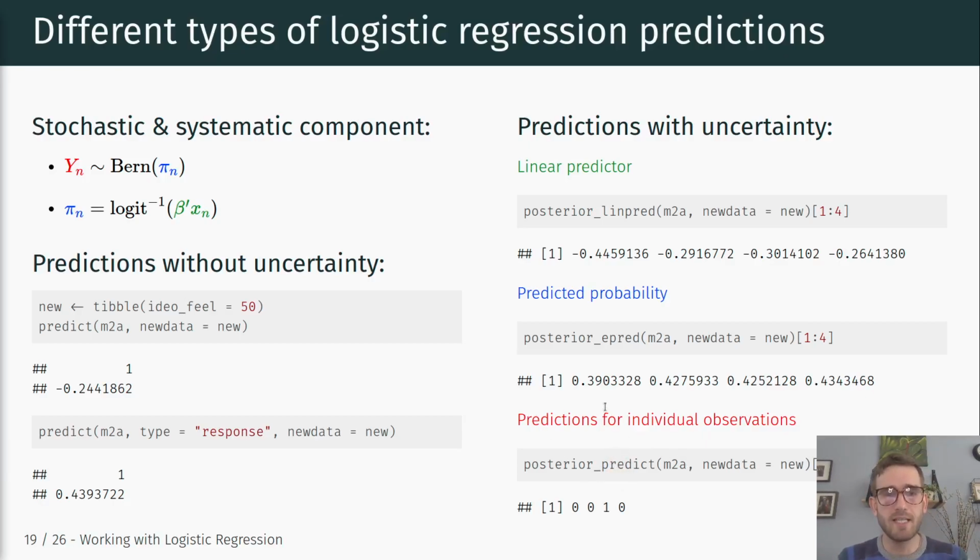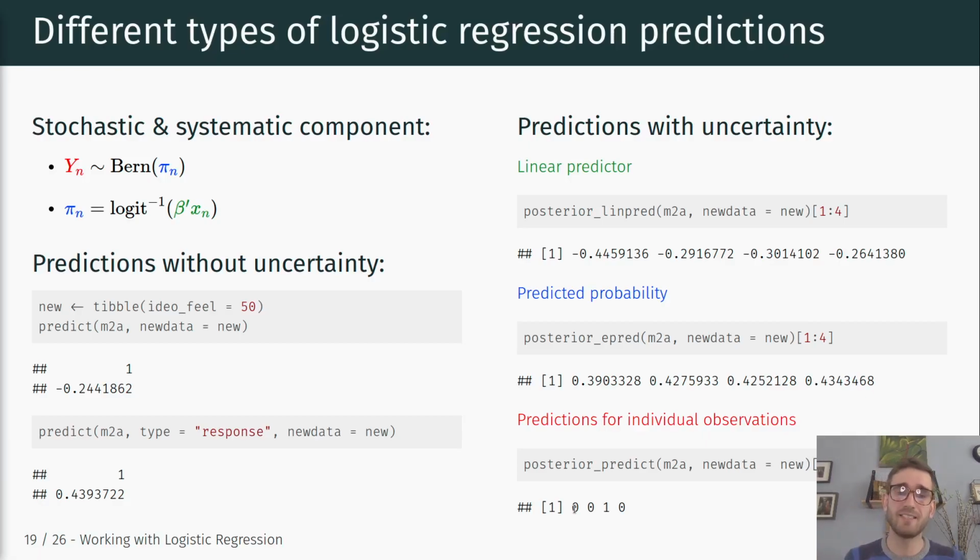What we're doing now is going further up in our data generating process. We have our predicted probabilities for each of our parameter draws that were drawn from the posterior distribution. And for each of those, we're now flipping a coin with that success probability, and we're just recording whether that coin lands on heads or tails. Depending on that result, this output of posterior_predict will then be 0 or 1, right?